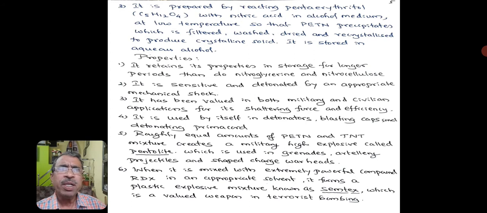Coming to the properties of PETN. PETN retains its properties in storage for longer periods than do nitroglycerin and nitrocellulose. It is sensitive and detonated by an appropriate mechanical shock.